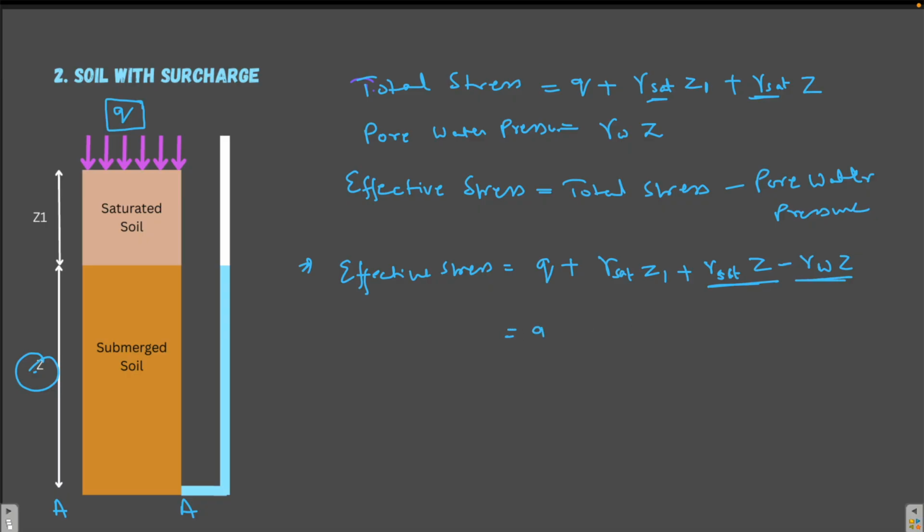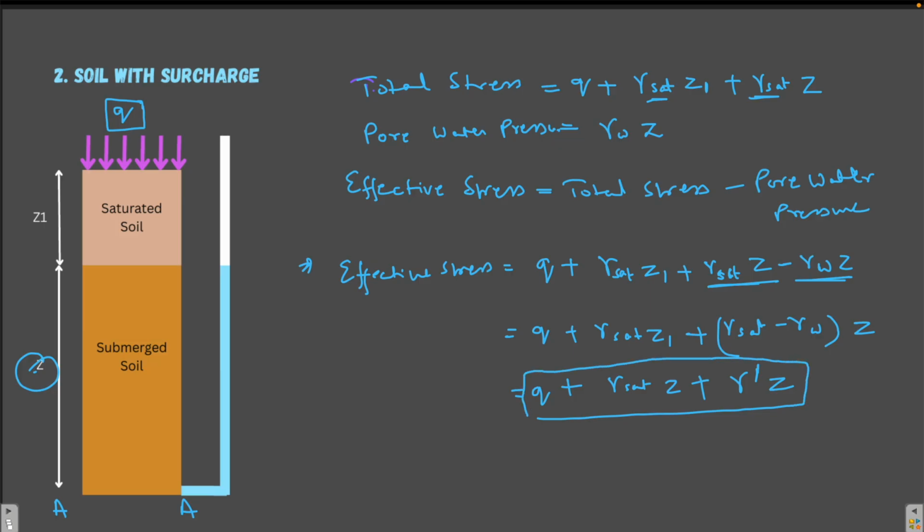So it will be Q plus gamma saturated into Z1 plus, gamma saturated minus gamma W, into Z. And gamma saturated minus gamma W is a familiar term again. It is gamma submerged. So it is gamma submerged into Z. So this is the effective stress.